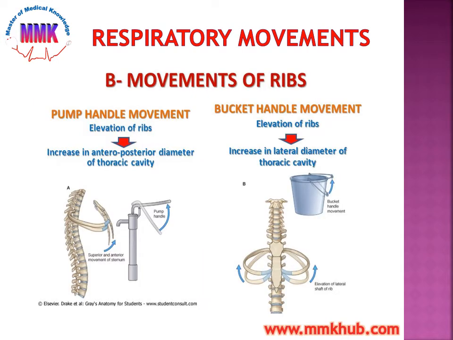The second type of movement is the movement of the rib. Movement of the rib can be of two types. One is the pump handle movement and the other is the bucket handle movement. In these movements, there is an increase in the anterior-posterior diameter and lateral diameter of the thoracic cavity respectively. Pump handle movement leads to the elevation of the ribs in a way that the sternum moves superiorly and anteriorly, just like the handle of a water pump, and increases the anterior-posterior diameter of the thoracic cavity.